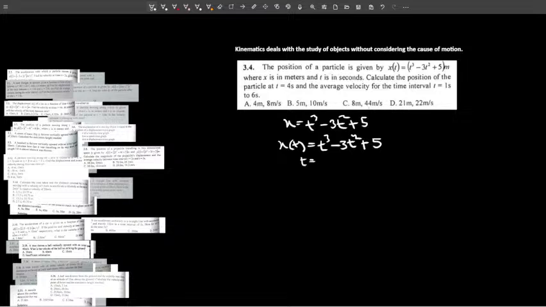So when t is 4 seconds, we're going to have x(4) equals 4 raised power 3 minus 3 into bracket 4 raised power 2 plus 5.